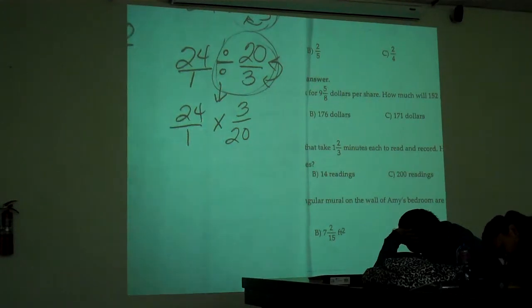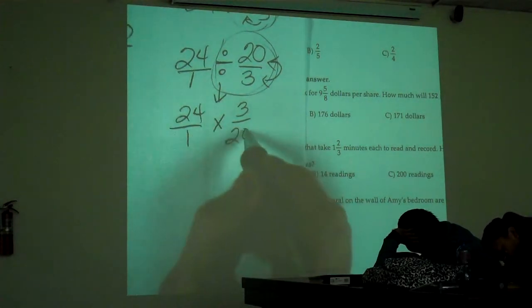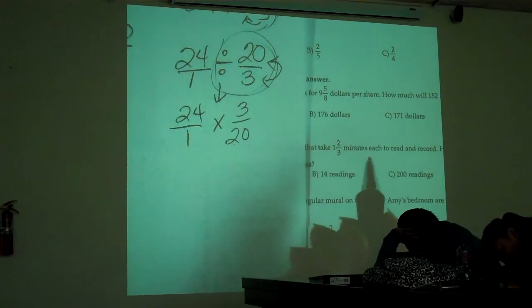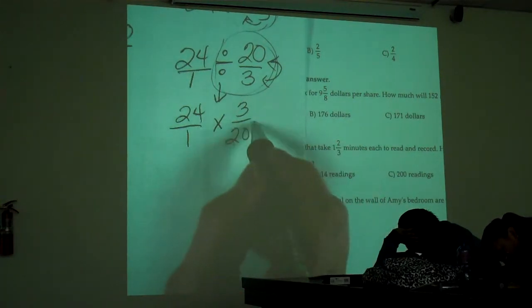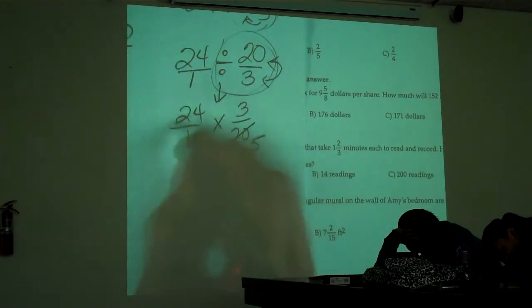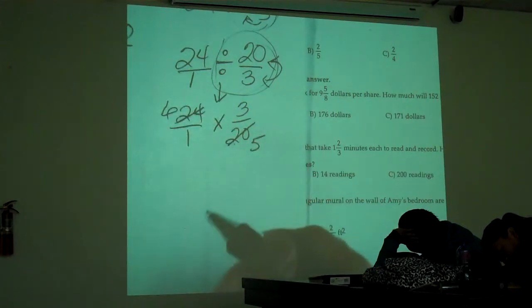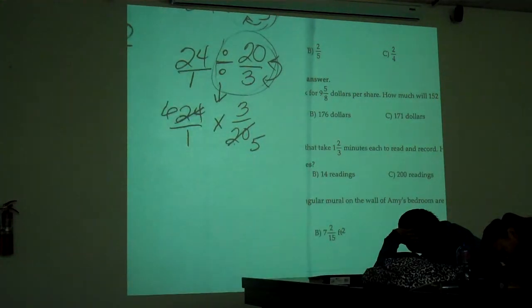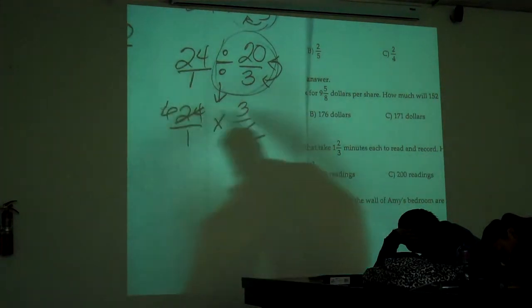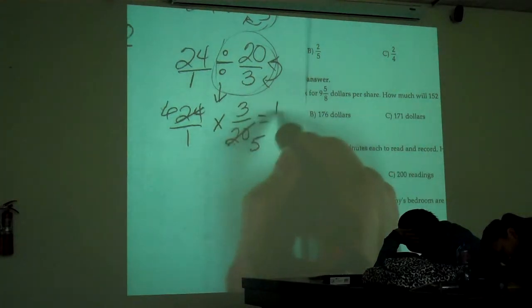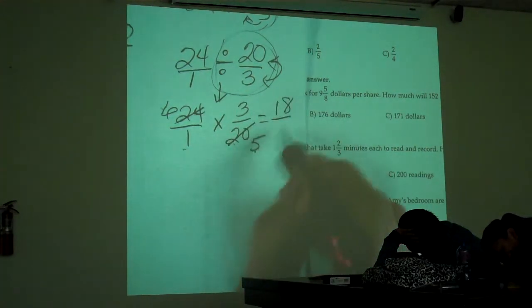Divide what we can. So what can we divide by? 4. 24 divided by 4 is 6, 20 divided by 4 is 5. And that's all we can divide, right? 6 times 3, 18. 1 times 5, 5.